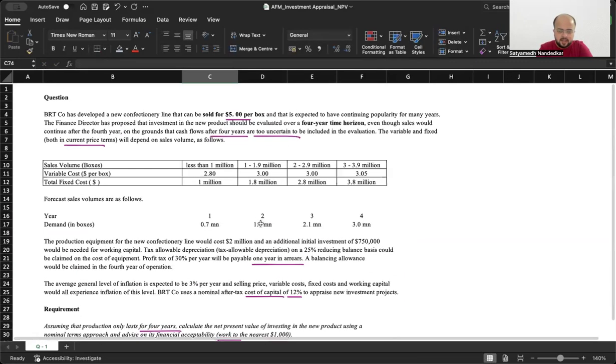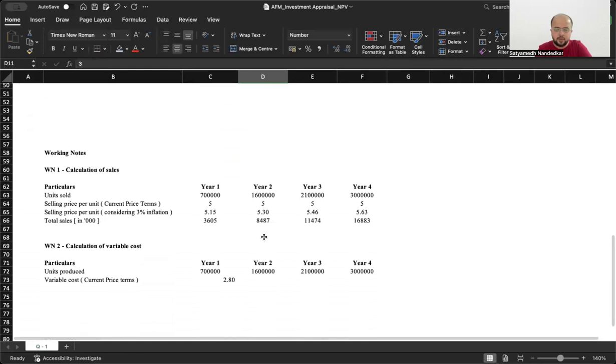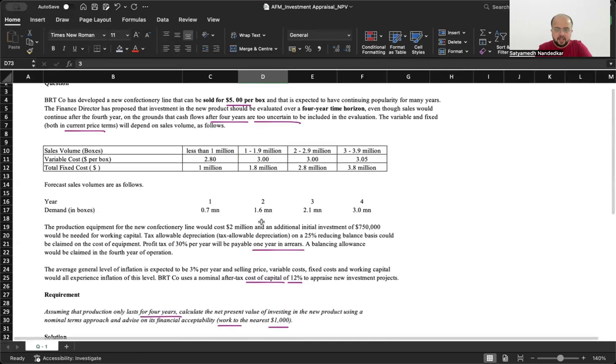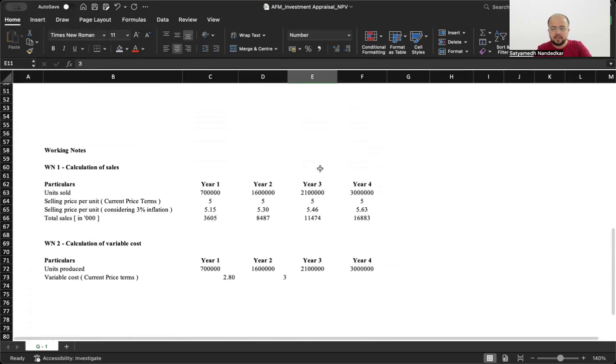In the second year sale is 1.6. Now look at the range where the sale volume is between 1 and 1.9 million, then the variable cost per unit is 3 per unit, again expressed in current price terms. In year 3, the total production is 2.1 million, and when the sales volume is between 2 and 2.9 million, the variable cost per unit is 3.